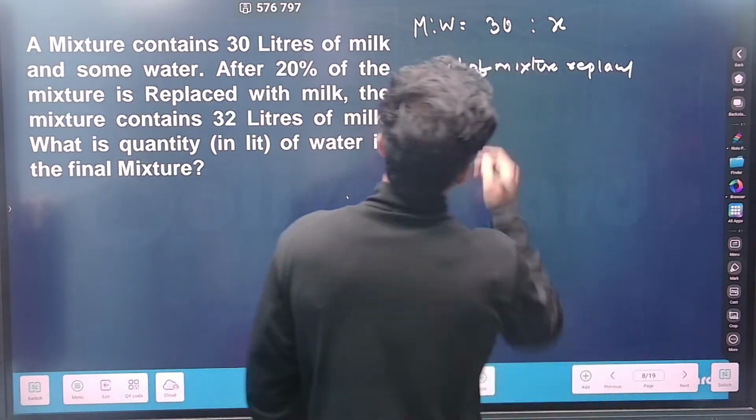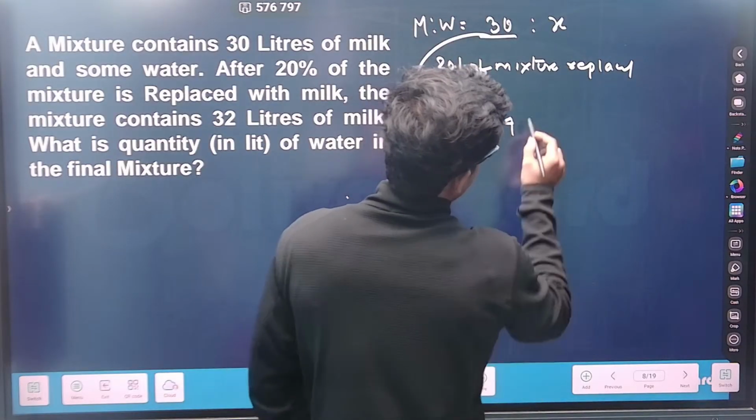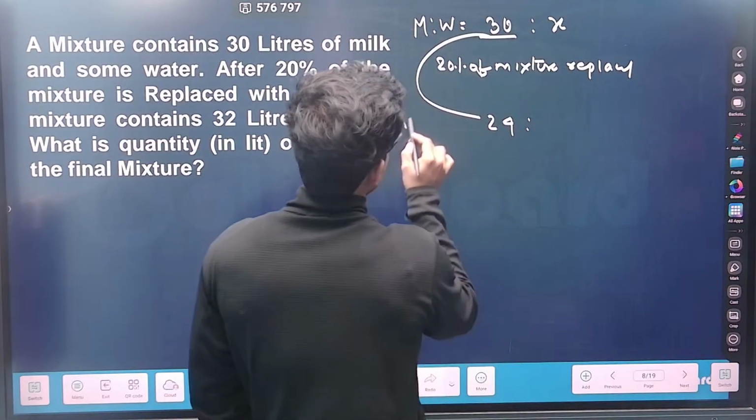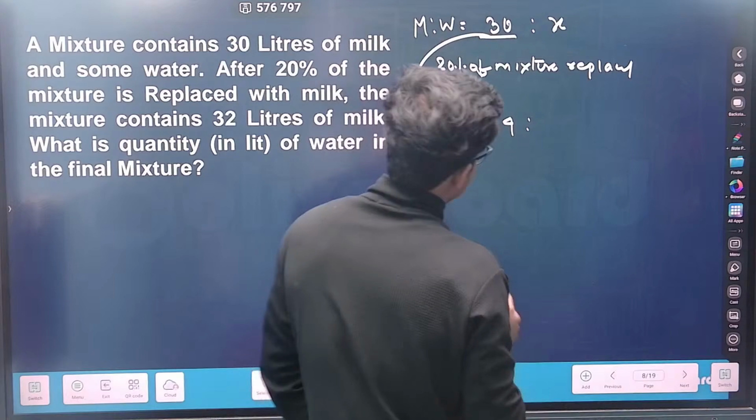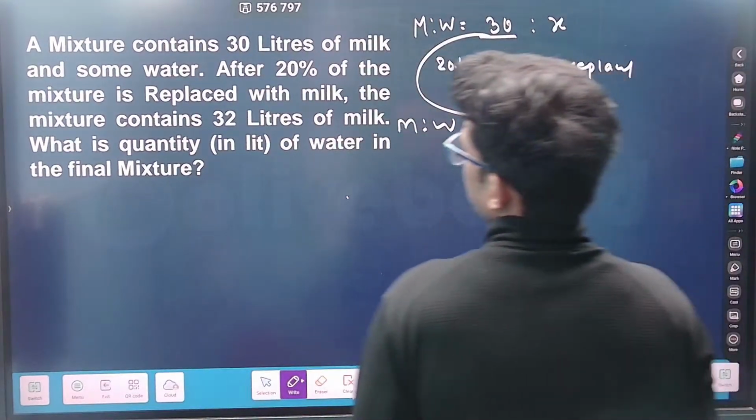Then what will happen? This 30 becomes 24. And I don't know this one, but the ratio of milk to water will remain like that only. Correct?